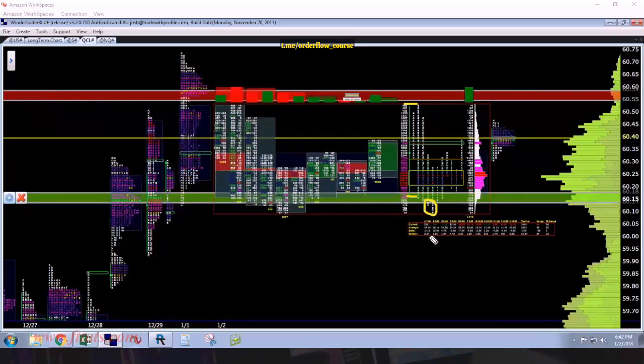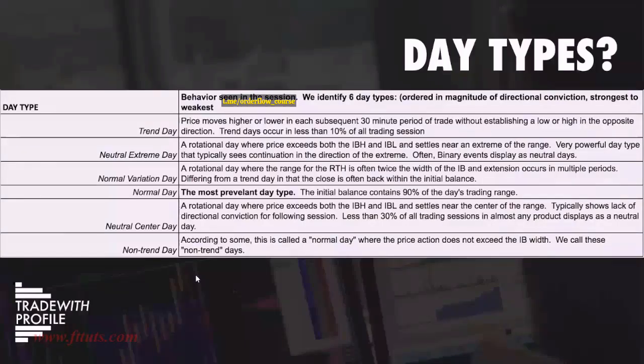I don't use that nomenclature because they hardly ever show up. In 95% of sessions, whether it's a stock or a future, you will exceed the initial balance. So I call a day where we don't exceed in any direction a non-trend day. That's where we would stay entirely inside of the initial balance. They're very rare.